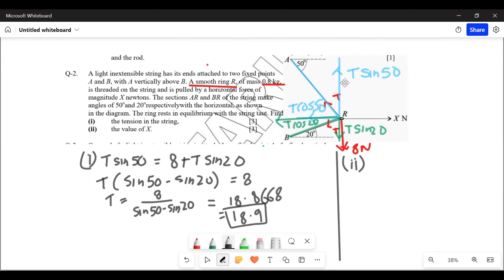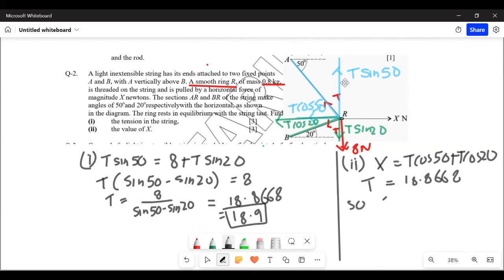Part 2 says, find the value of X. So X is the right force, the only force at the right, equated to the left forces, which are T cos 50 plus T cos 20. We know what T is. T is 18.8668.